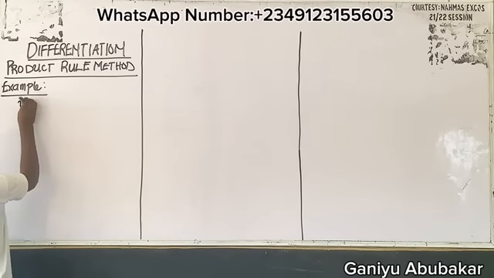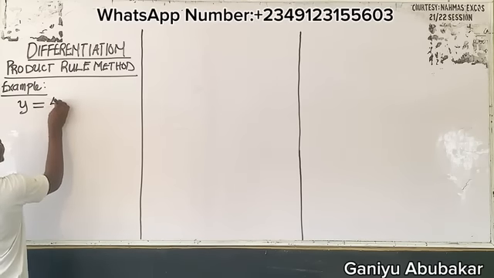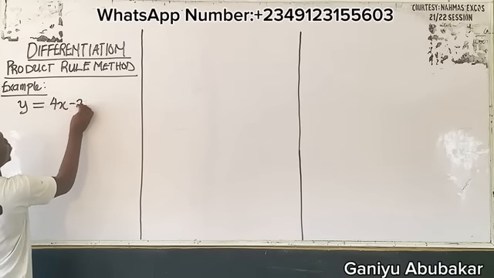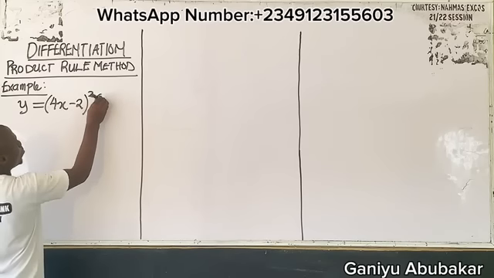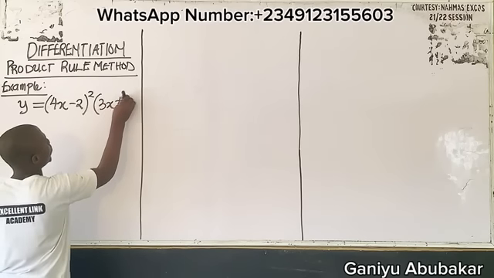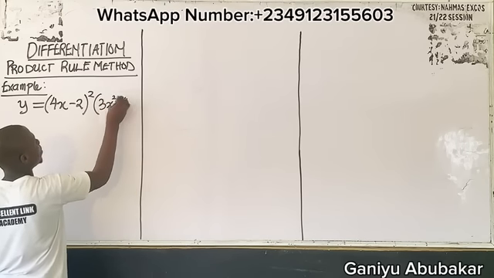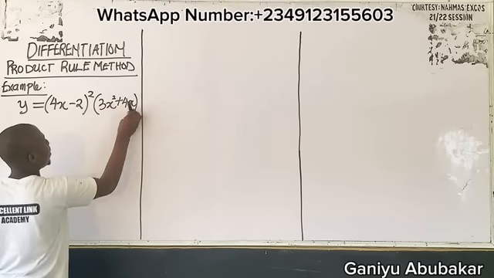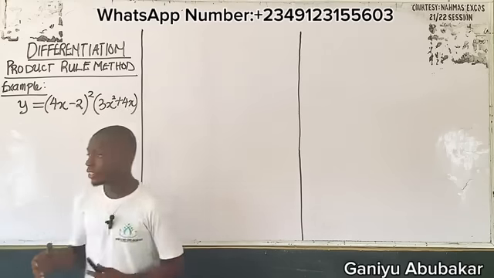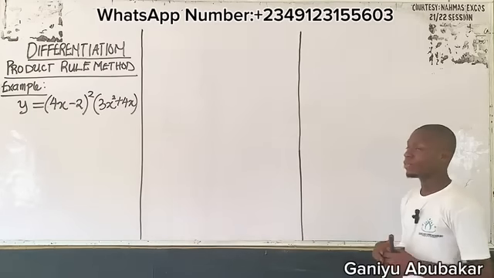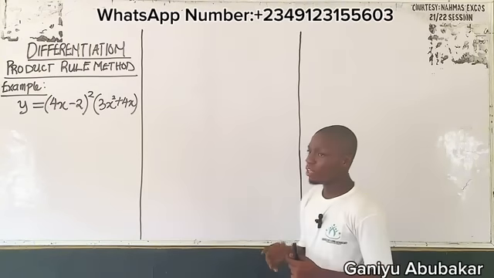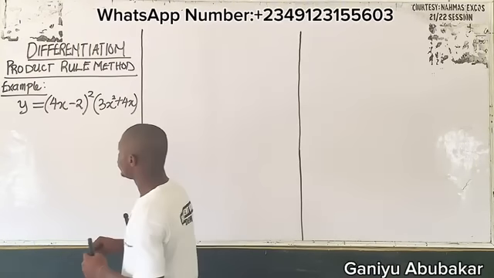Let's say that I have y is equal to (4x minus 2) all squared into (3x squared plus 4x). I'm told to solve this problem. First, ask yourself, is this question a product rule?